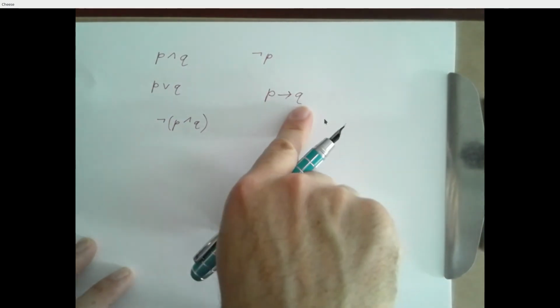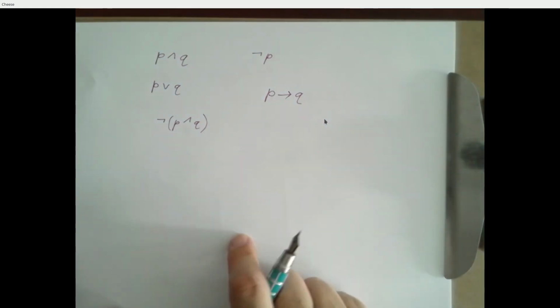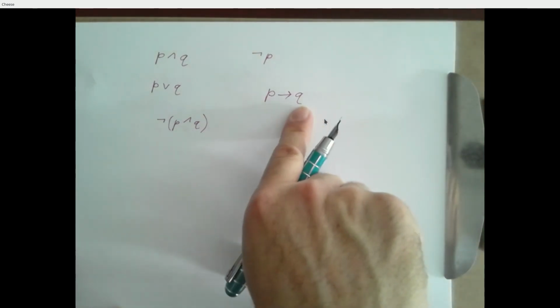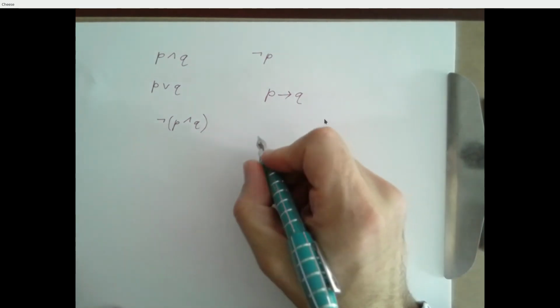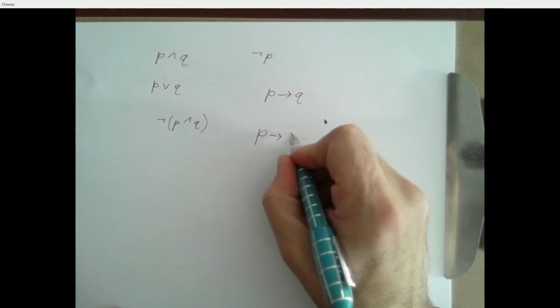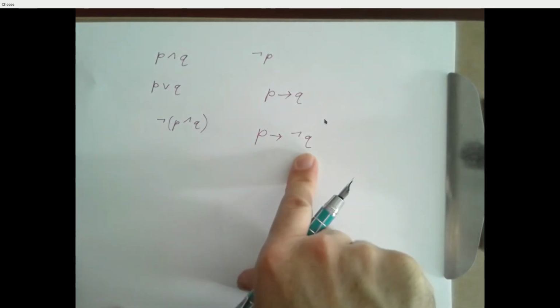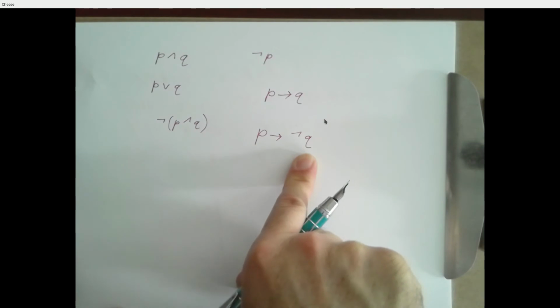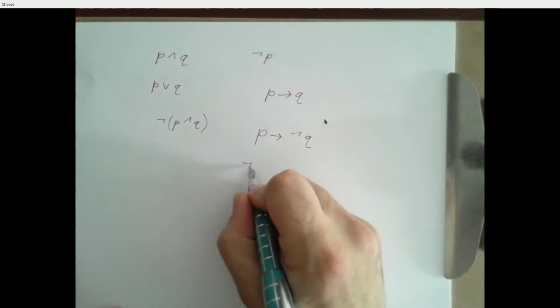If P, then Q. So this is an implication or a conditional. If today is Monday, then today is Tuesday. That's a proposition. Here's a more reasonable sounding proposition. If today is Monday, then today is not Tuesday. Well, that's a nice true proposition, right? Because you know if it's Monday, it's not Tuesday.